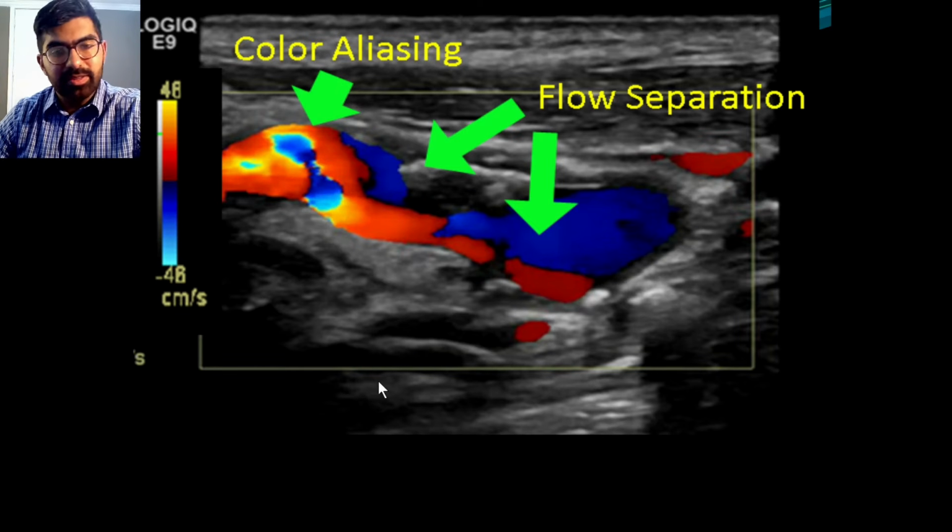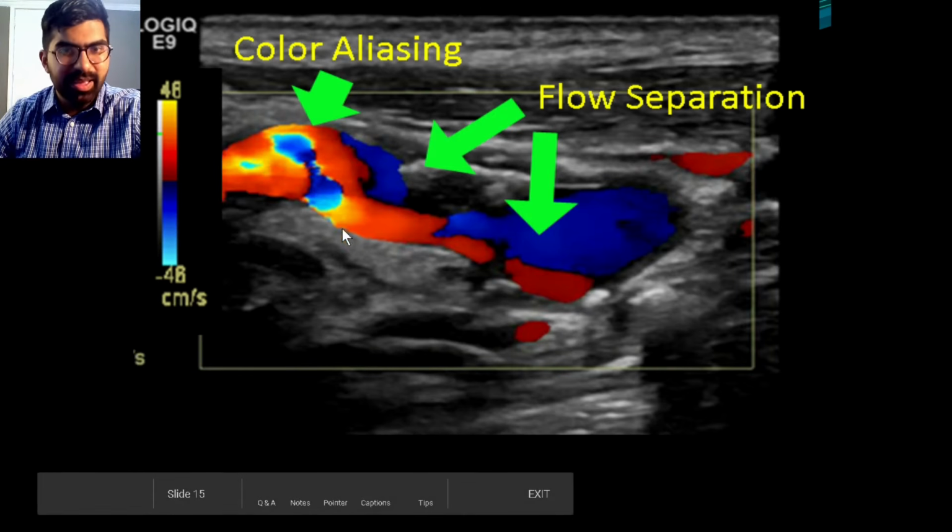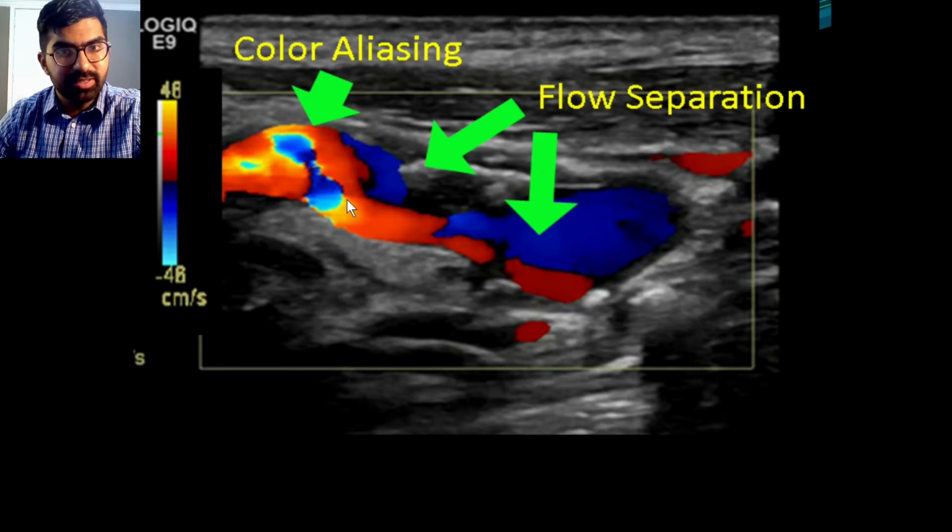So aliasing, not on the spectral waveform, but you can imagine that the velocities here are so elevated that it essentially goes on the other side of the spectrum, and this is a visual representation of that concept. And again, it's denoted by the white line, the extremes, as it flips back over to a different color and then back again. Okay, so some really interesting concepts just from a simple picture.